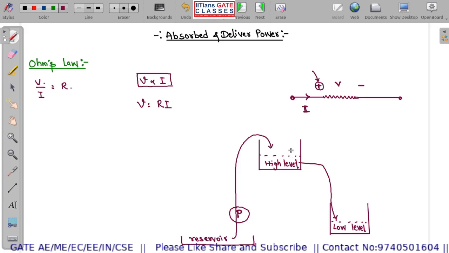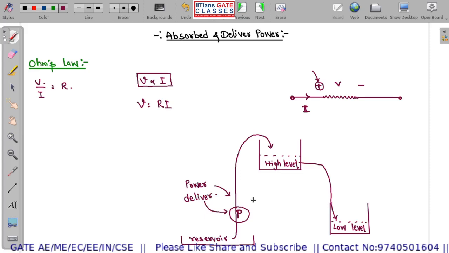This is actually the concept of power delivered in our electrical circuit, that I am delivering power with the help of this external pump.